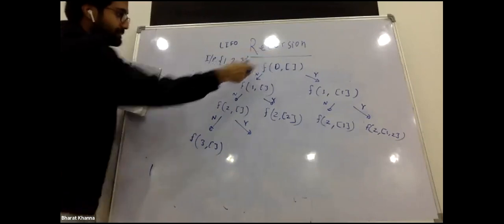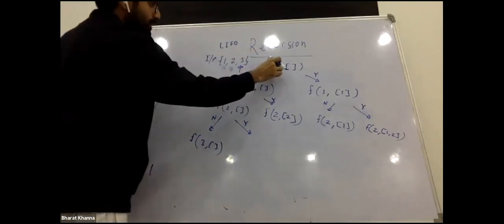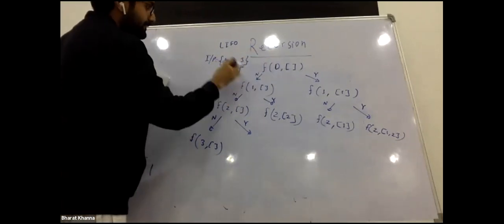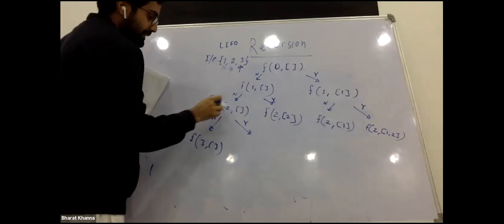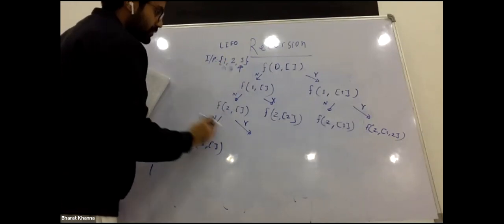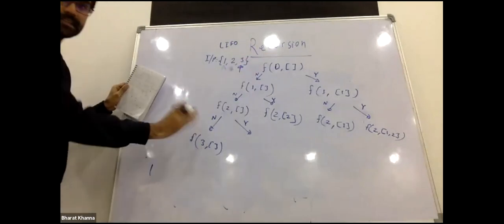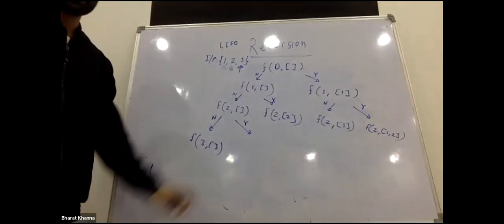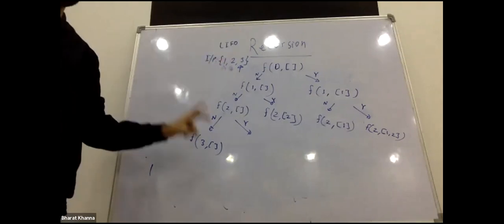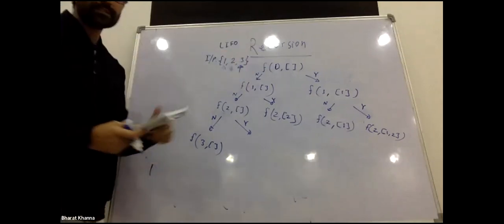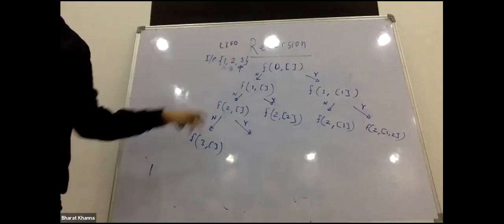Because if you see this path, I rejected the 0th element, I rejected the first element, I rejected the second element. So I started with empty, and if I follow this path, I am still empty. Is that clear how this path is empty intuitively? Because you made those decisions.